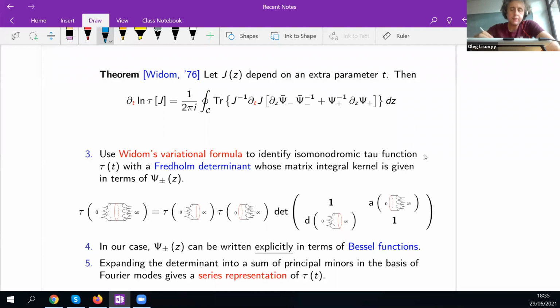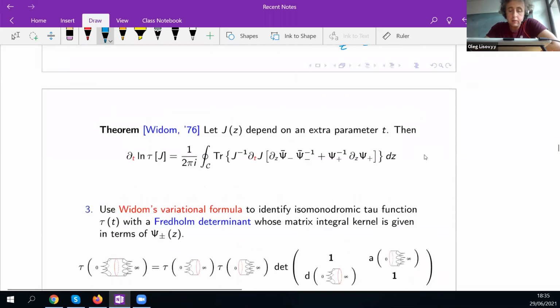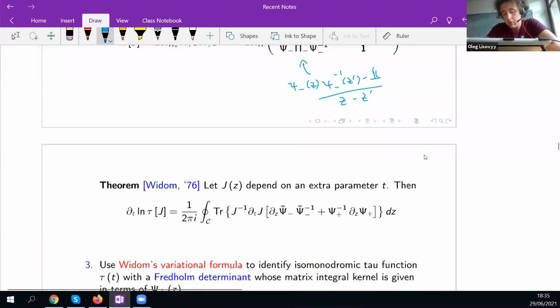For us, t will be the isomonodromic time, but in principle, it can be anything. It can be a local monodromy exponent or any other monodromy parameter. So if our jump matrix depends smoothly on this extra parameter, then we have this variational formula. And the proof of this variational formula is actually rather elementary.